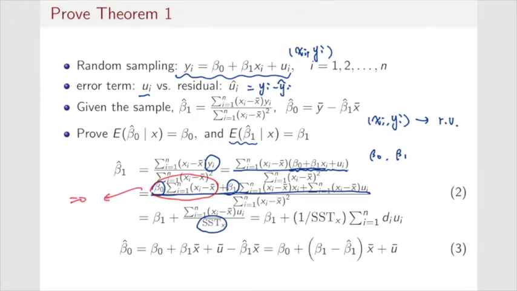Notice that the first term is equal to 0 because the summation of xi minus x bar is equal to 0. The second term, the summation of xi minus x bar times xi, is equivalent to the summation of xi minus x bar squared. So we only have beta 1 here.